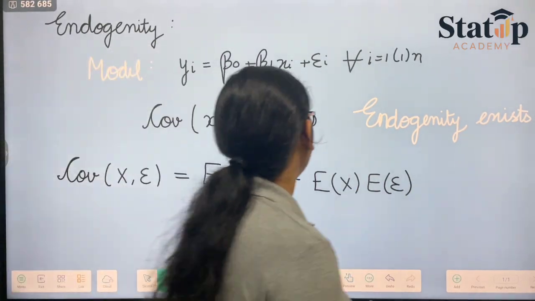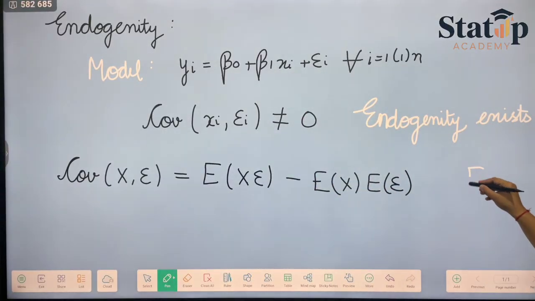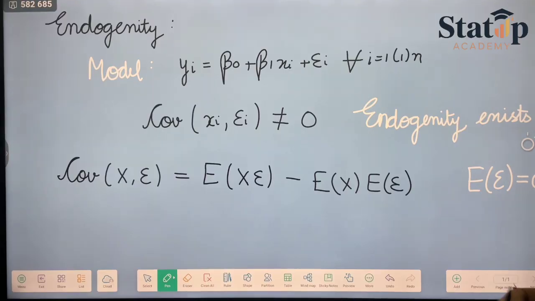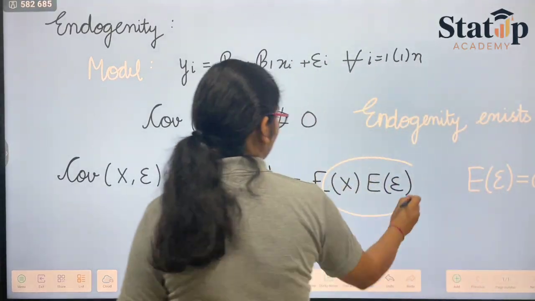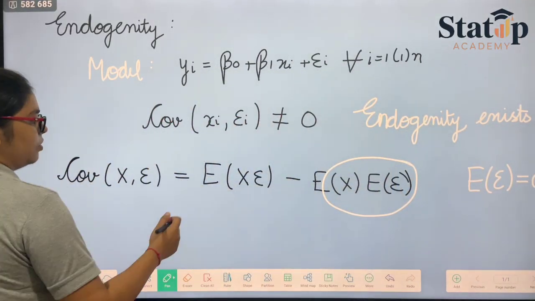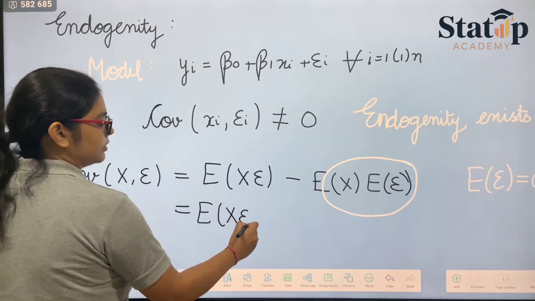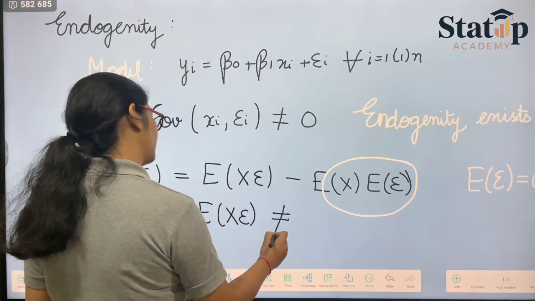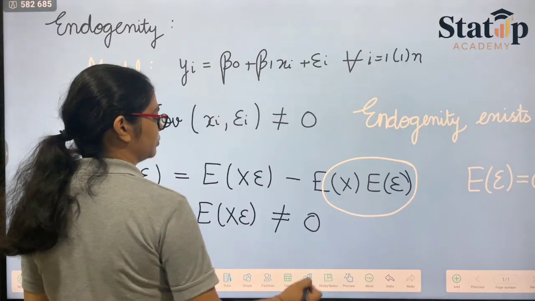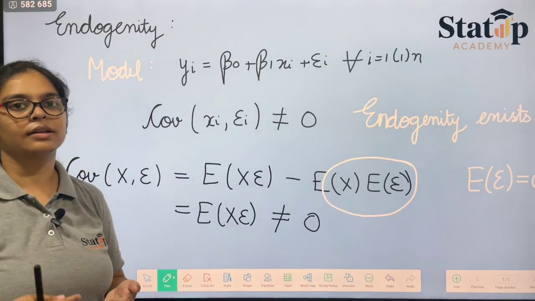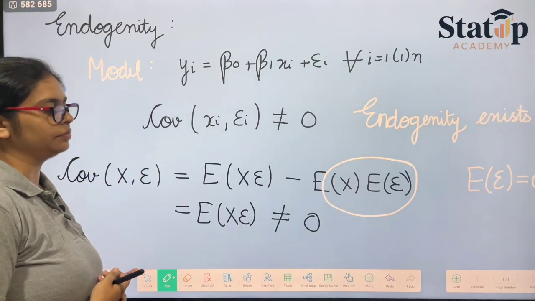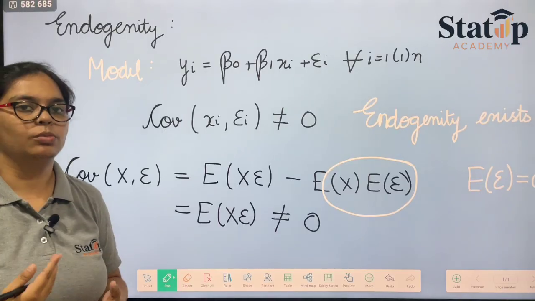And we know that by Gauss Markov assumption, expectation of epsilon is equal to 0. So from here, this term will be equal to 0. And now we are left with expectation of x epsilon, which is not equal to 0. And hence we can say that our model is having a problem and we need to work on this.